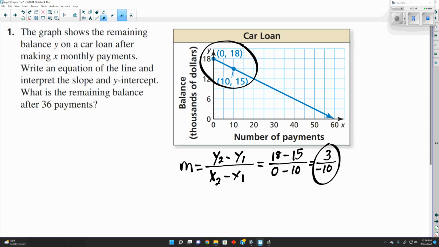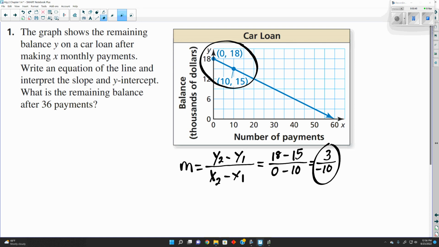Now, the reason we say this is the slope is because 3 over 10 will reduce. That's as simplest form as it gets. Now, are we surprised that the slope is negative? No, because the line is going where? Down. We're talking about how the number of monthly payments is going to affect the balance, yes?